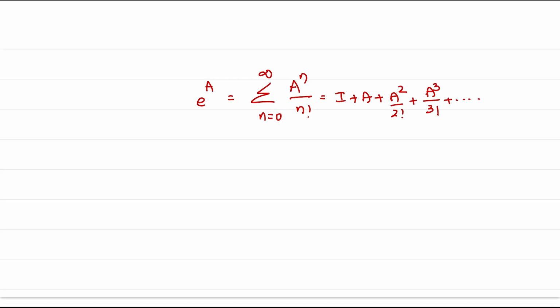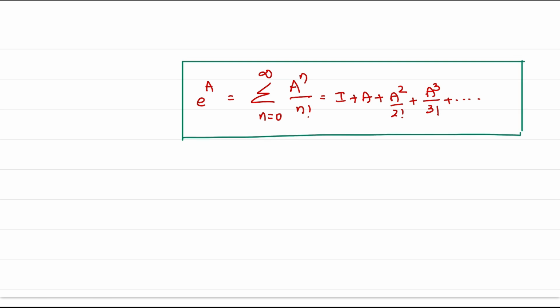This is the power series of a matrix, and from this we got two good results. One is, if A is equal to a 0 0 b, this implies e to the power of A is equal to e to the power of a, 0, 0, e to the power of b.